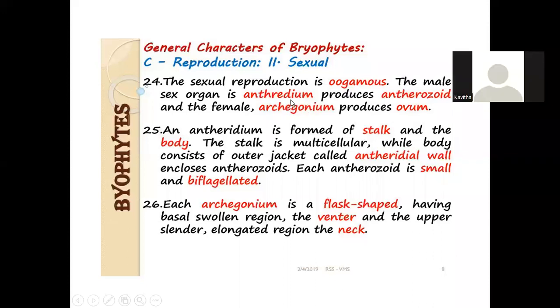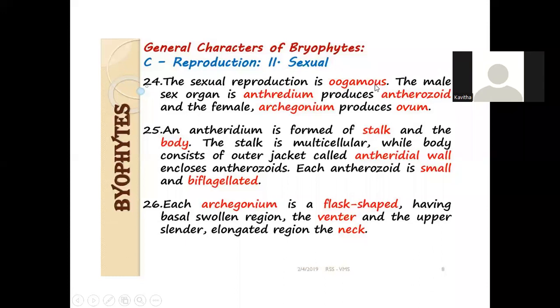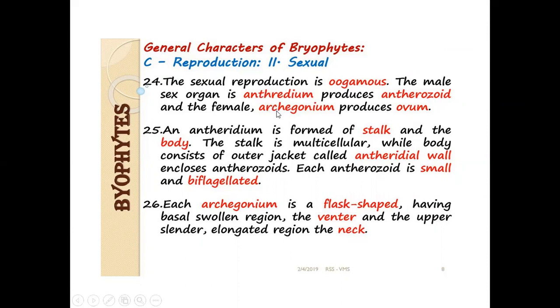Both antheridium and archegonium are structurally and morphologically different from one another, so we call it oogamous type of sexual reproduction. And since these form directly on the thallus, we call the thallus body the gametophyte.